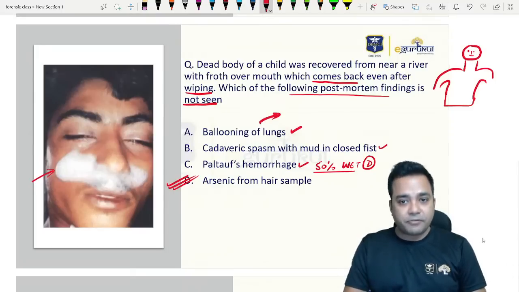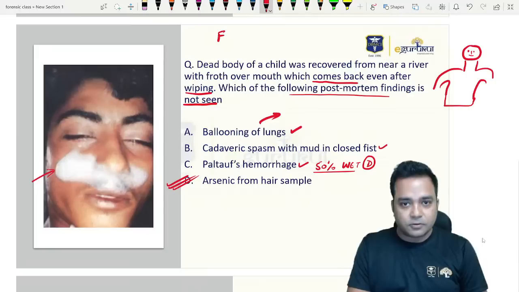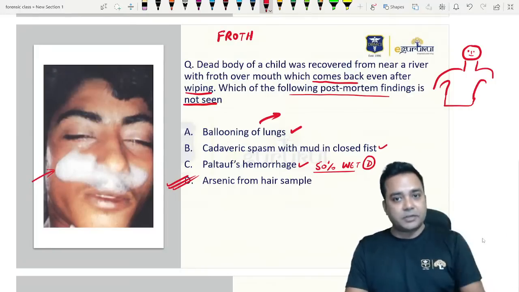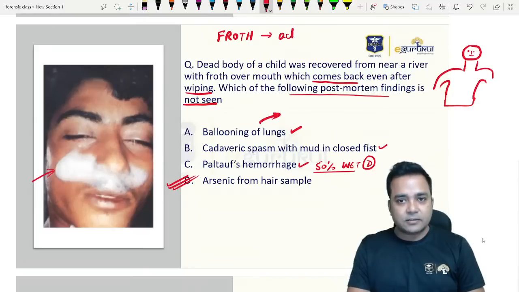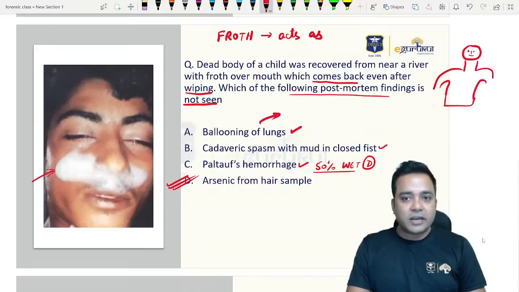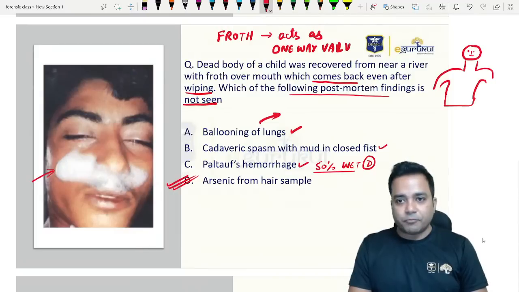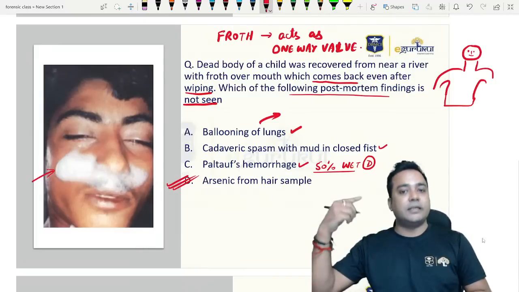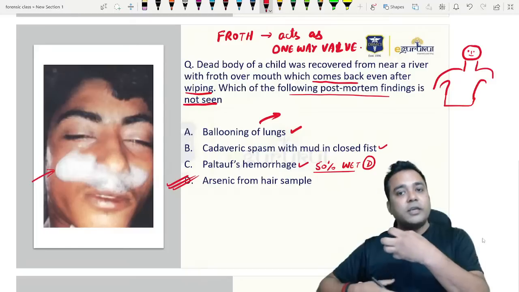Because of the simple fact that this froth, which is present in our airways, in fact deeper airways, acts as a one-way valve mechanism. It will allow the air to come inside, but it won't allow the air to go out.